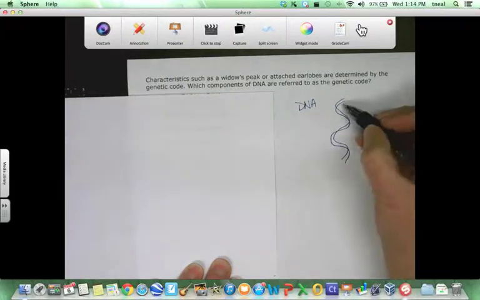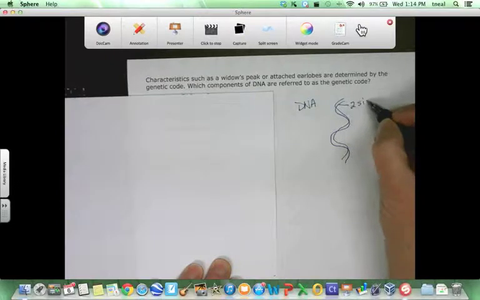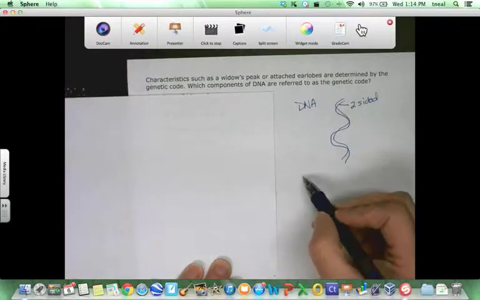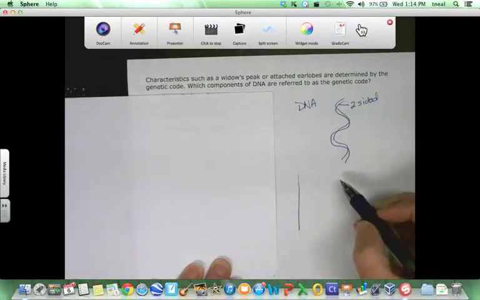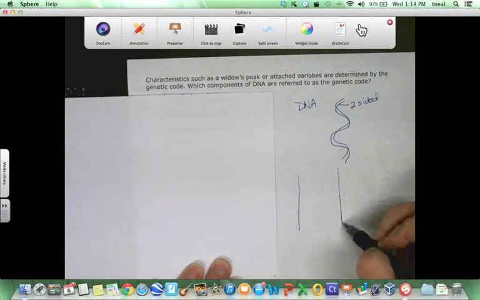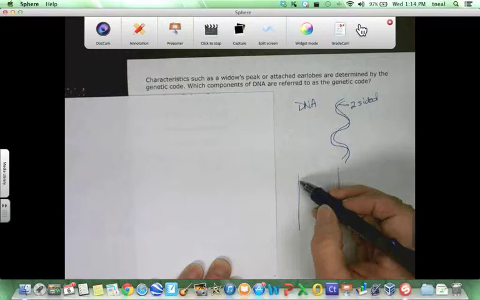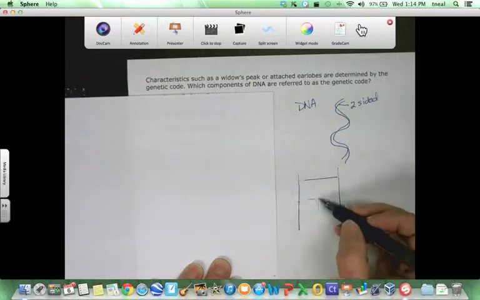An interesting thing about it is that it is two-sided. There's two sides to it. Then I remember something about a ladder, so as if this thing is unspiraled. There's a ladder. Ladders have sides on them. They also have rungs on them.